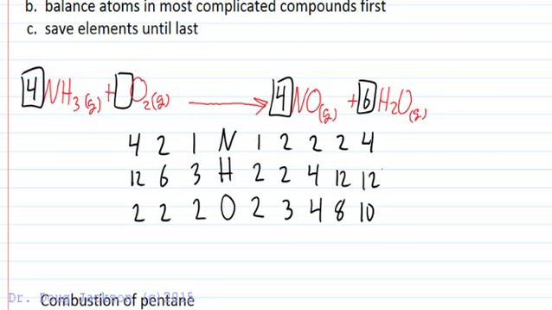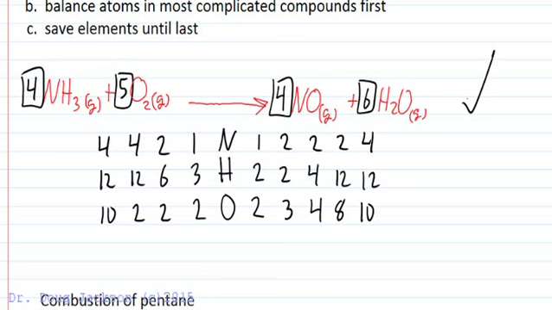Okay, left hand side, we're balanced on nitrogen, 12, and we saved till last our oxygen element, so it has the most flexibility. We can multiply by 5, 5 times 2 is 10, and now we've got 4, 12, and 10 on both sides, and we're balanced.